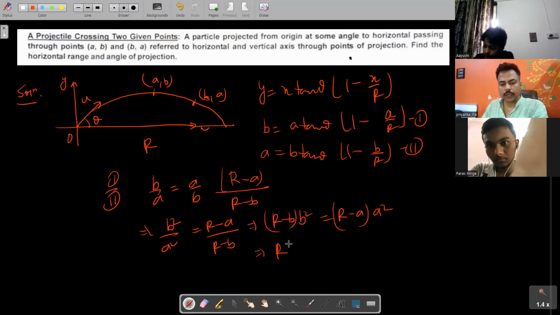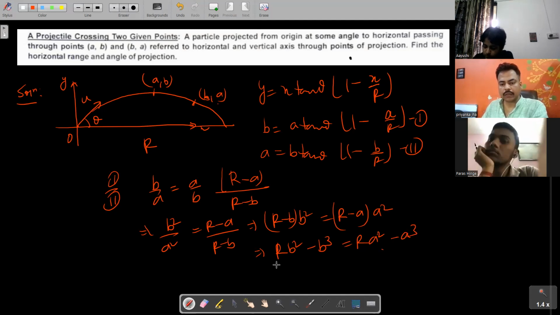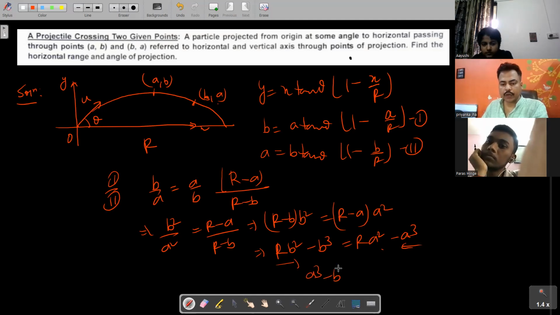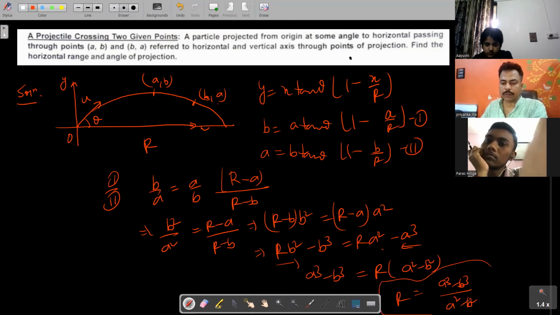So this is RB square minus B cube equal to RA square minus A cube. So bring this to right side and this to left side. So it is A cube minus B cube equal to R taken out. So R is A cube minus B cube upon A square minus B square. This is your range. Understood?